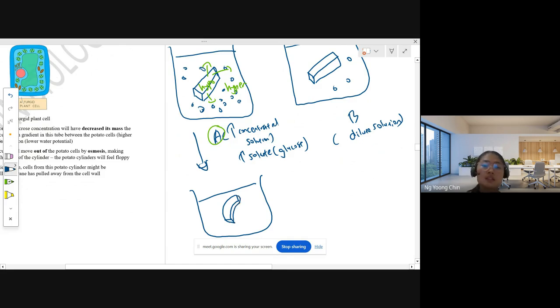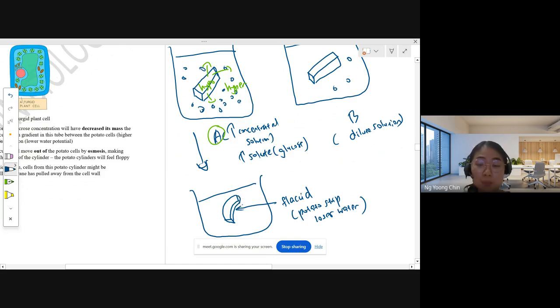This is what we know as flaccid. Flaccid, because the potato strip lost water. They are losing water.